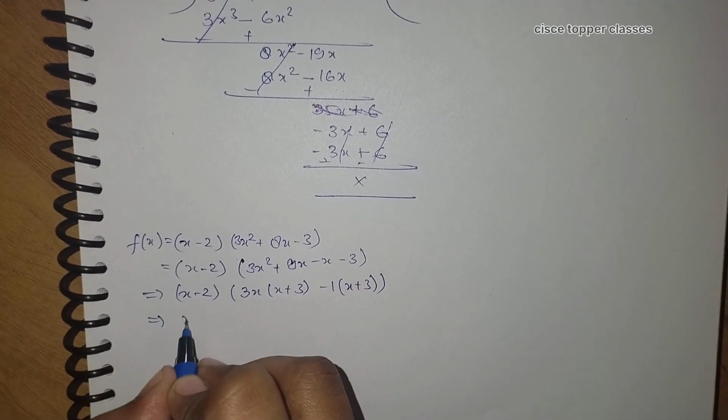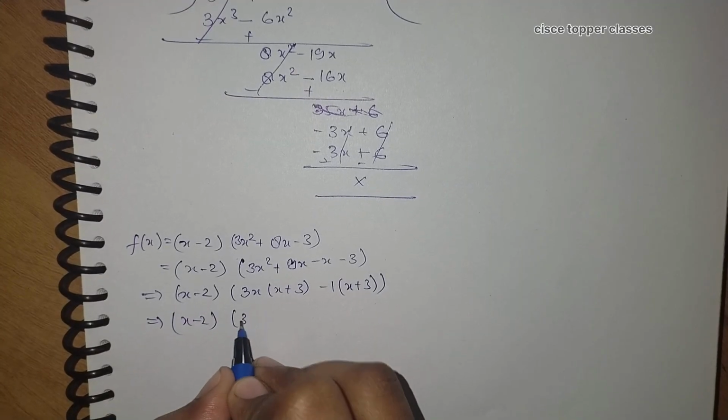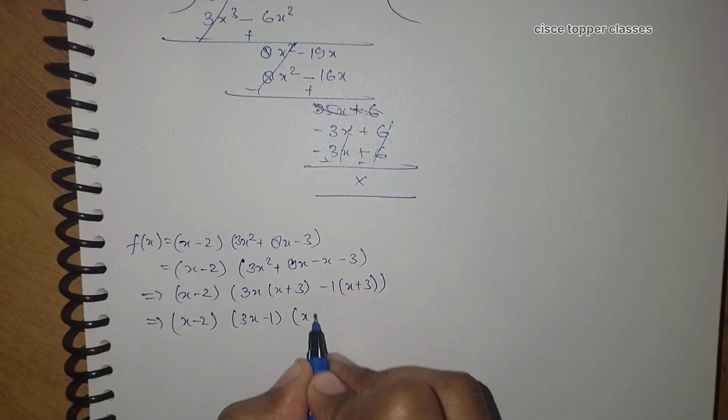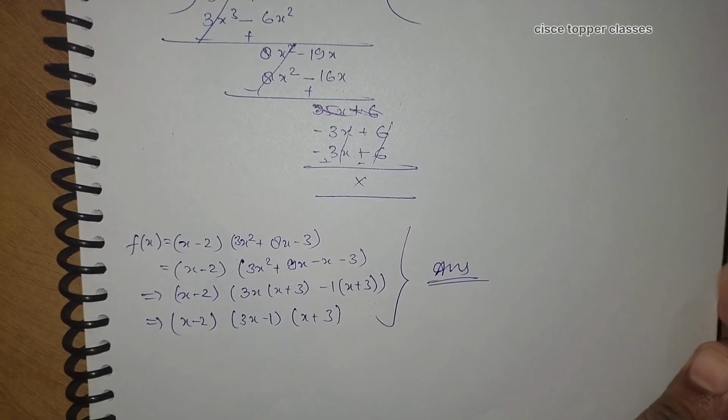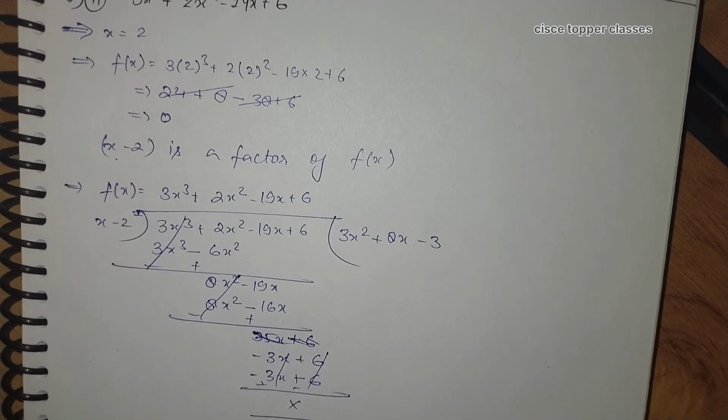So we can write x minus 2, then 3x minus 1 and x plus 3 are the factors of this equation, and this is the solution of question number 15, second part.